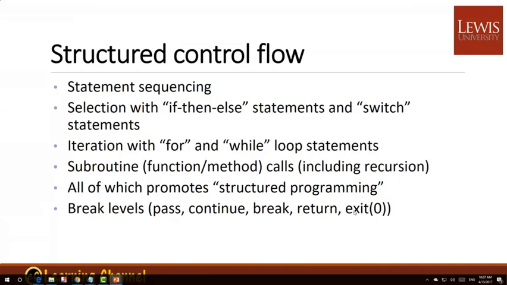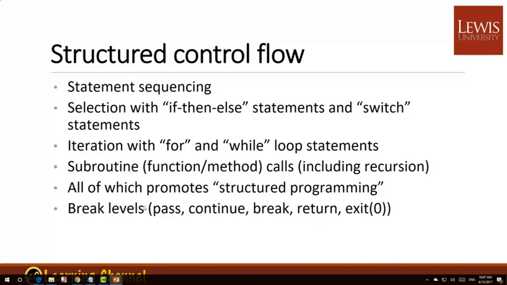And then exit 0, that is a system call. Sometimes it is System.exit(0). That will break the whole program. So this is actually from lighter to heavier, different breaking levels. For a single statement, for an iteration, continue; break is for a loop, return for a function, exit 0 for a program.